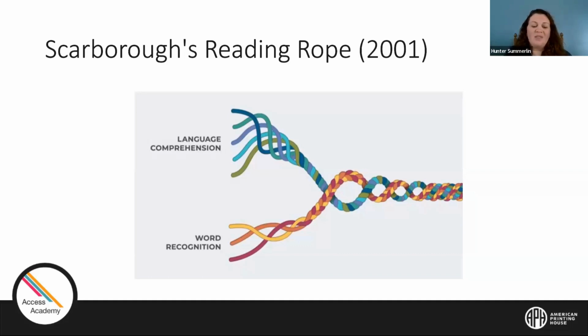Then you also have sight recognition of familiar words. So in this conceptual model, language comprehension and word recognition have individual strands twisting together into two ropes that eventually join into a much thicker rope where the skilled reading happens and reading comprehension looms.